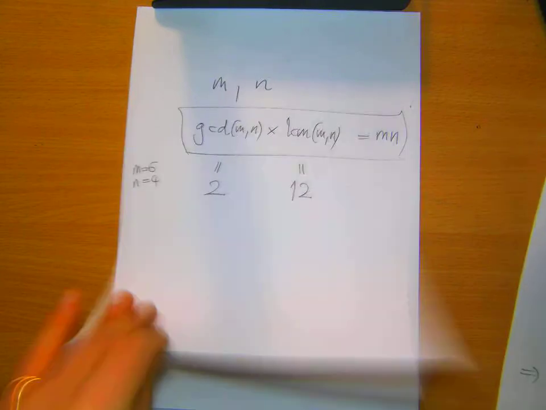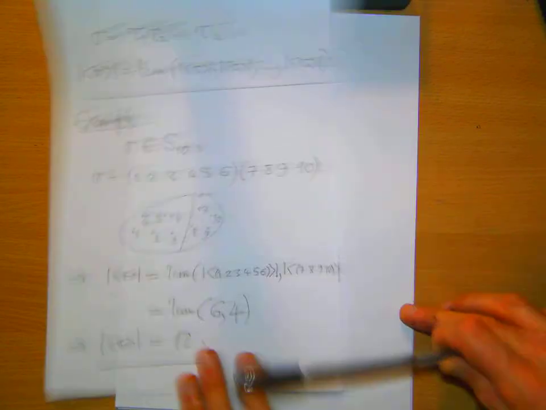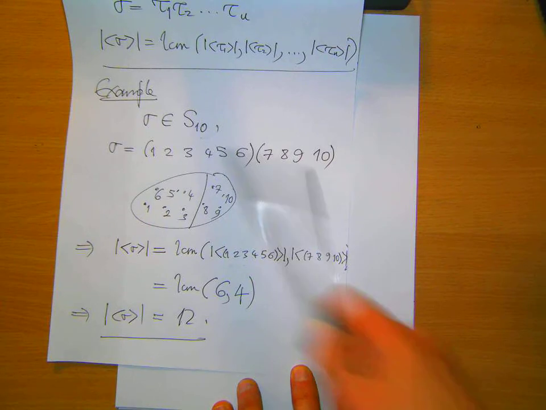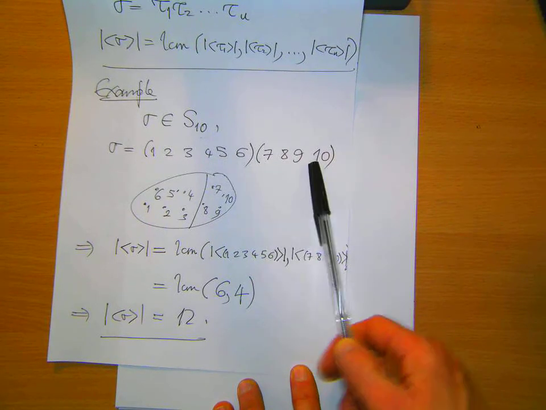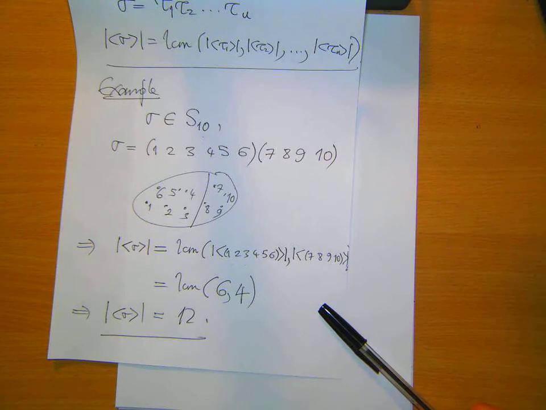Okay, so it's worthwhile you doing a few more examples like this. We could apply this where we had more than 2 factors in the decomposition. You just take the lowest common multiple of all the numbers. So there's some practice on that on the worksheets.